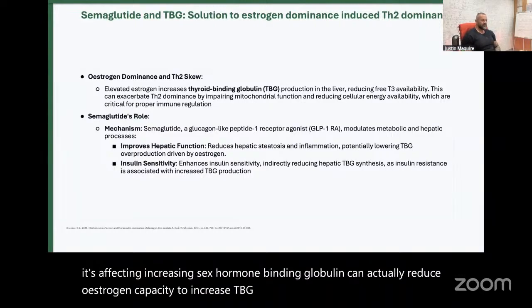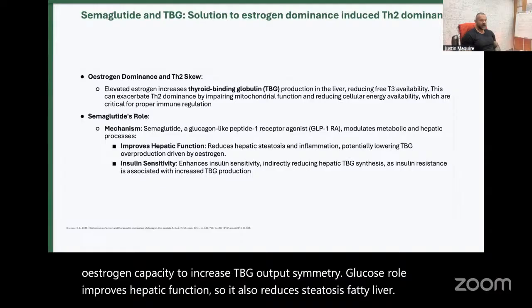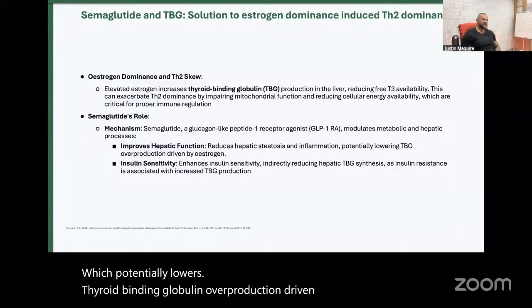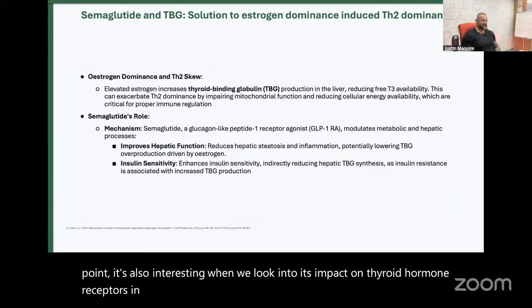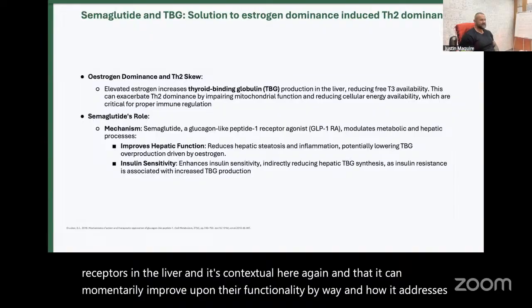Semaglutide's role improves hepatic function, so it also reduces steatosis, fatty liver, which potentially lowers thyroid binding globulin overproduction driven by estrogen. To that point, it's also interesting when we look into its impact on thyroid hormone receptors in the liver. And it's contextual here again, in that it can momentarily improve upon their functionality by way of how it addresses steatosis.